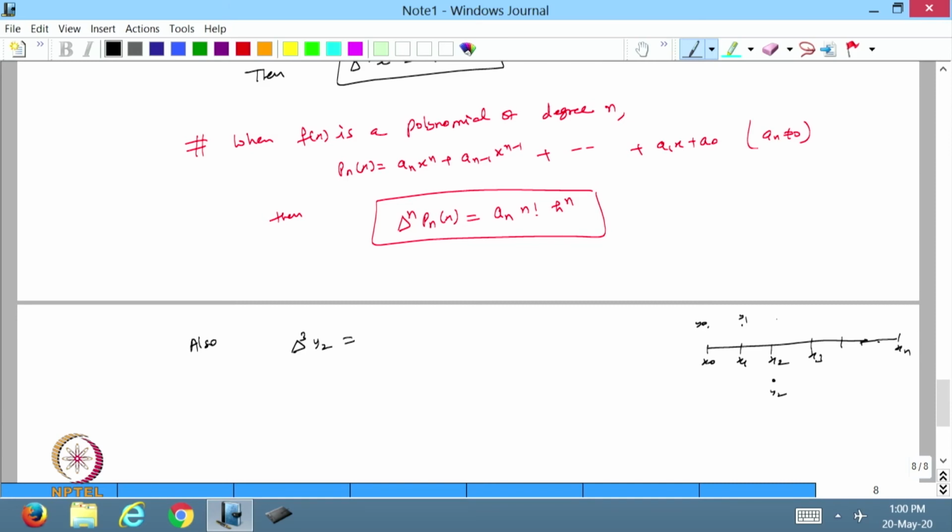Okay, so let us see what will happen. You can apply directly also, or maybe you can apply like this one, Δ y_2. So from here I will get Δ y_2. So y_2 I am applying here.